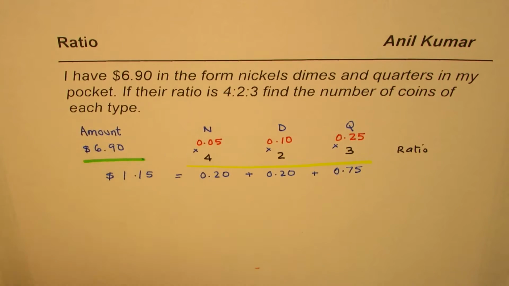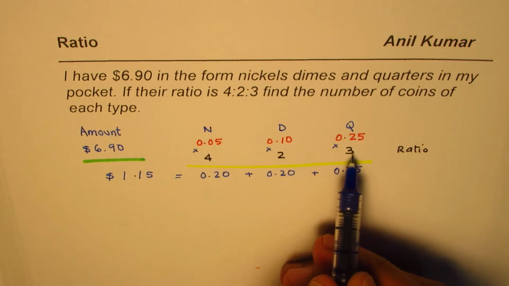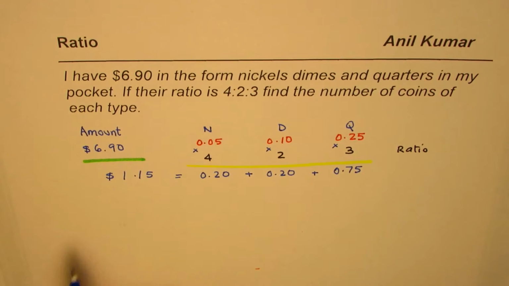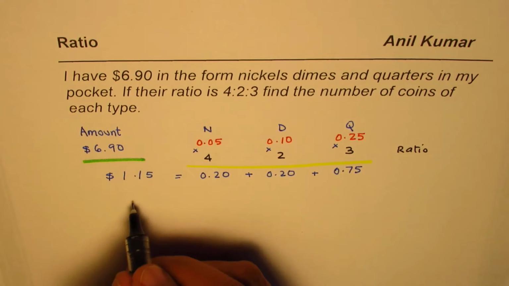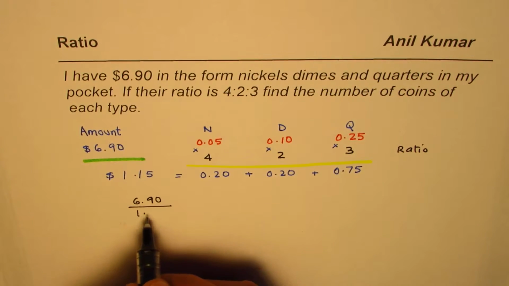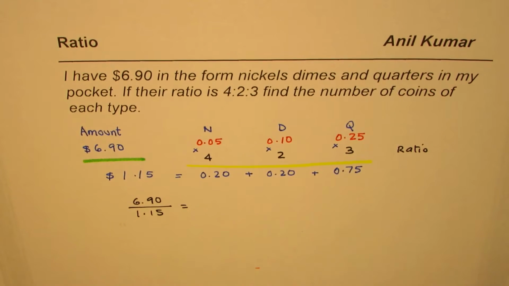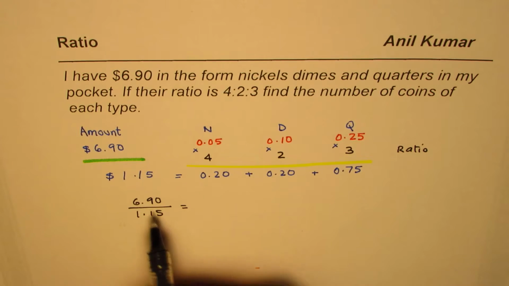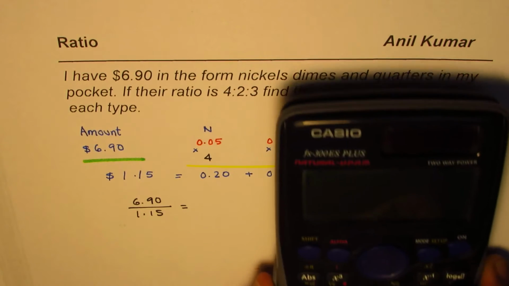Do you see? We need 690. How do you get 690? That means what multiple of these will give us 690? So that we can find by dividing 690 by 1.15, correct? So that is how we can get how many sets of these will make $6.90.